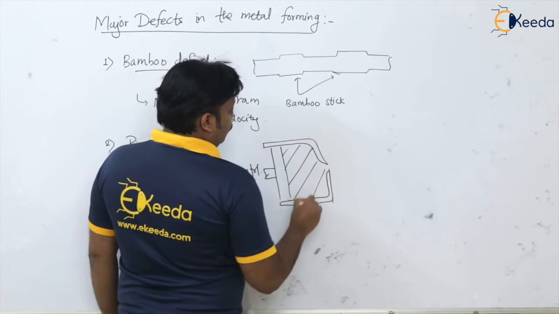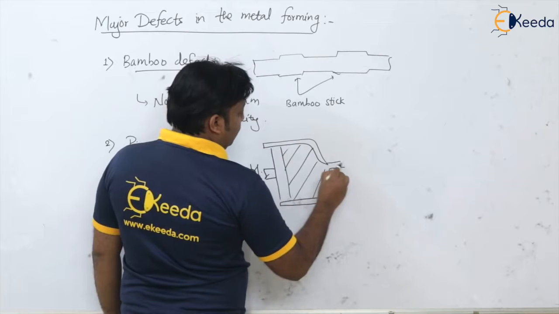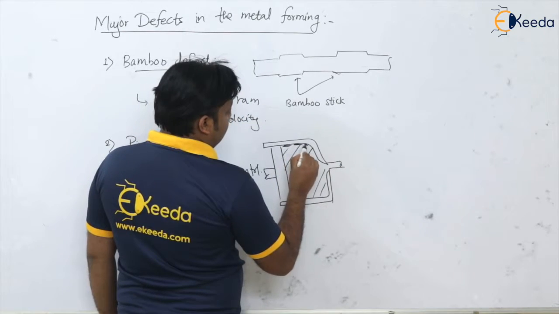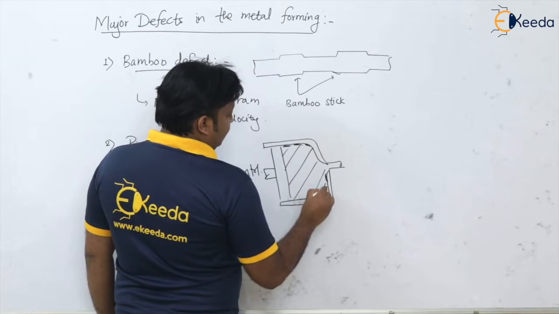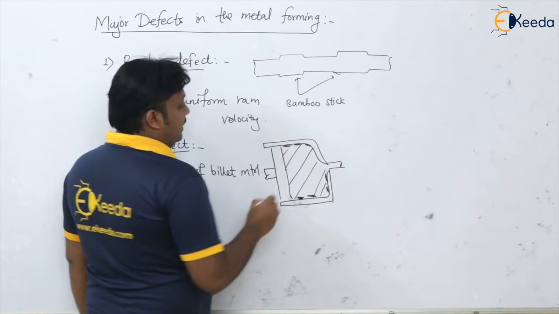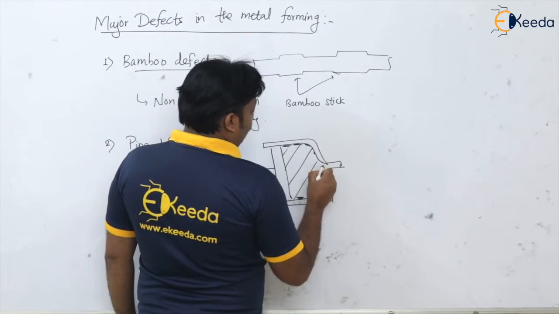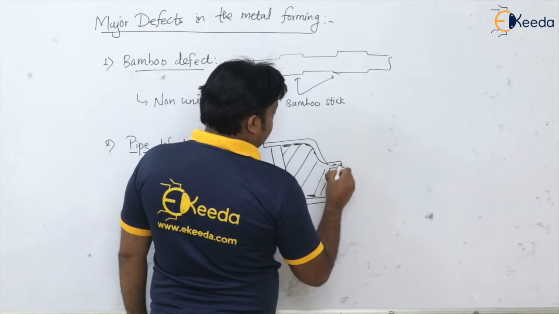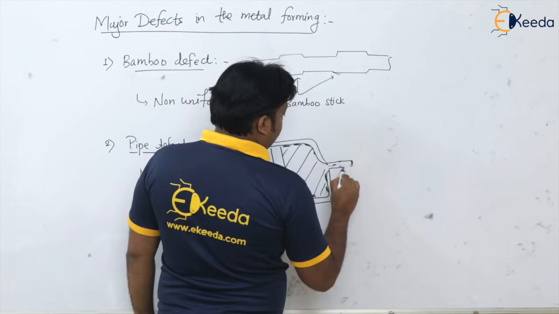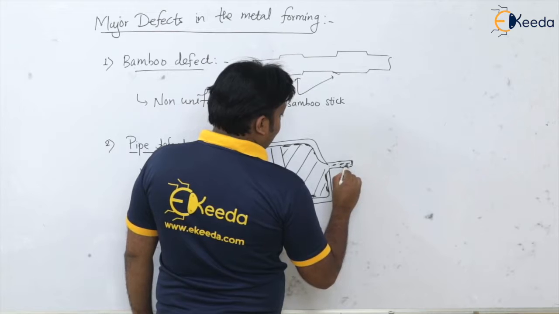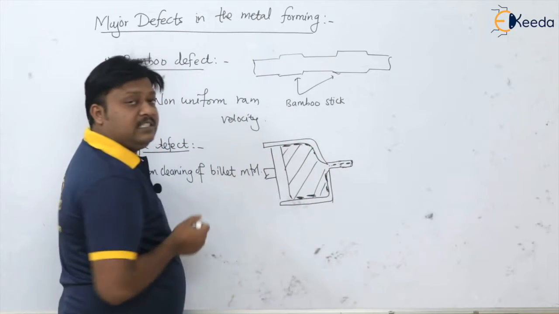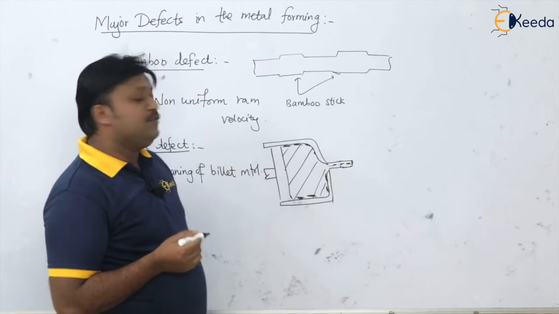If the billet material is not properly cleaned, whatever oxide layers or scale is present on the surface of the billet will flow and cause small voids or small blowholes at the center of the extruded part. This is nothing but the pipe defect.